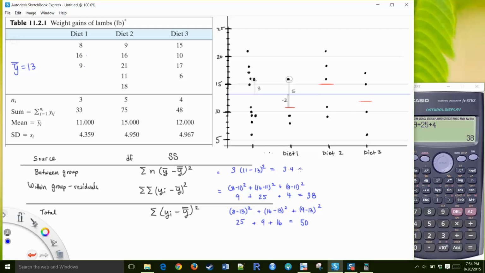Basically, if you get 12 here and you get 38 here, if you were to do the double check yourself, you will get 50. Okay, but we can see how we're breaking apart this 50, the total sum of squares, into two pieces: the between group and the within group.